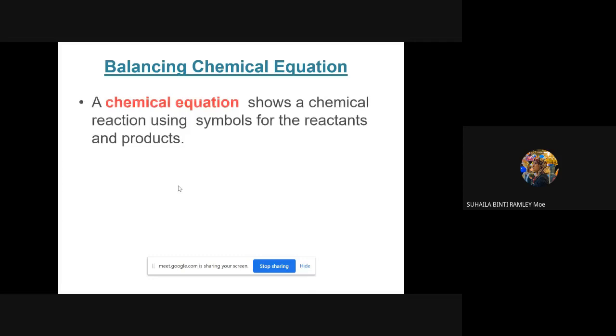So balancing chemical equation. Equation macam biasa, on your left hand side kita ada reactant, on your right hand side kita ada product. So chemical reaction between reactant and product.